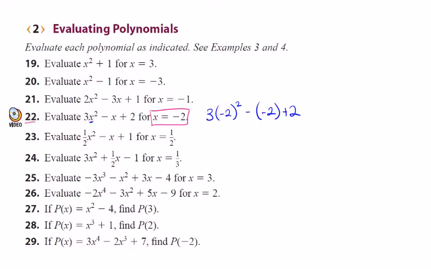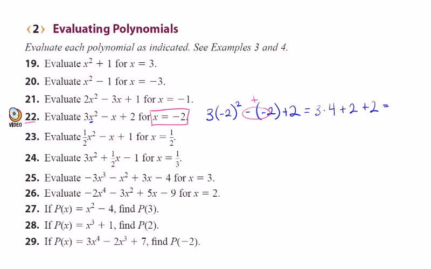All right, so now I can just use order of operations, right? So -2 squared, that's exponents first there. So that would be +4, right? -2 squared is +4. So now I have 3 times 4. I can deal with this negative, turns into a positive, +2, +2.